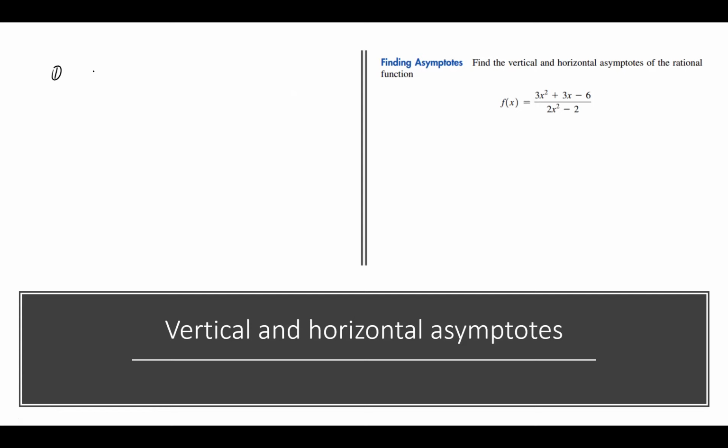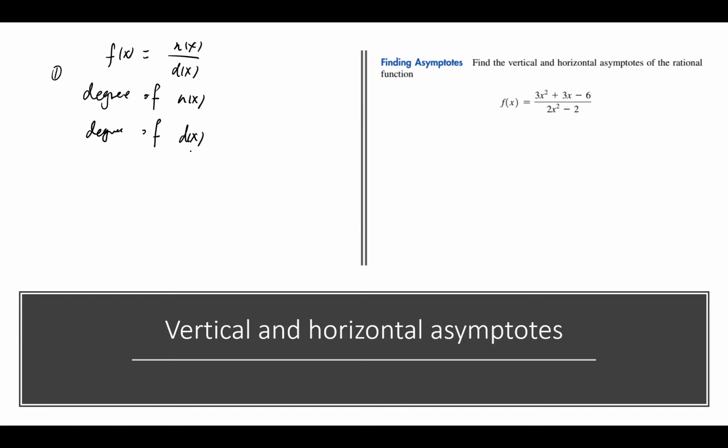The first case is that we're looking at the degree of the polynomial. So we still have f(x) equals n(x) over d(x). These are the two polynomial functions, and we want to look at the degree of n(x), which is the degree of the leading term, and compare it with the degree of d(x).